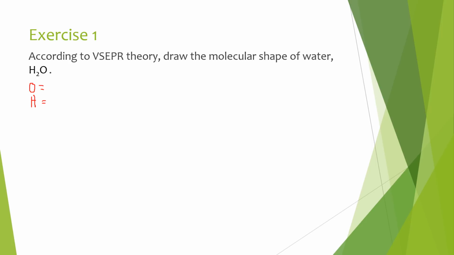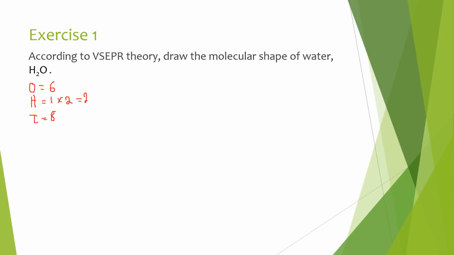And then you need to find out the total number of valence electrons. So for oxygen, the valence electron is 6, and for hydrogen, the valence electron is 1, but times by 2 since there are 2 hydrogen atoms, so the total number of valence electrons will be equal to 8.